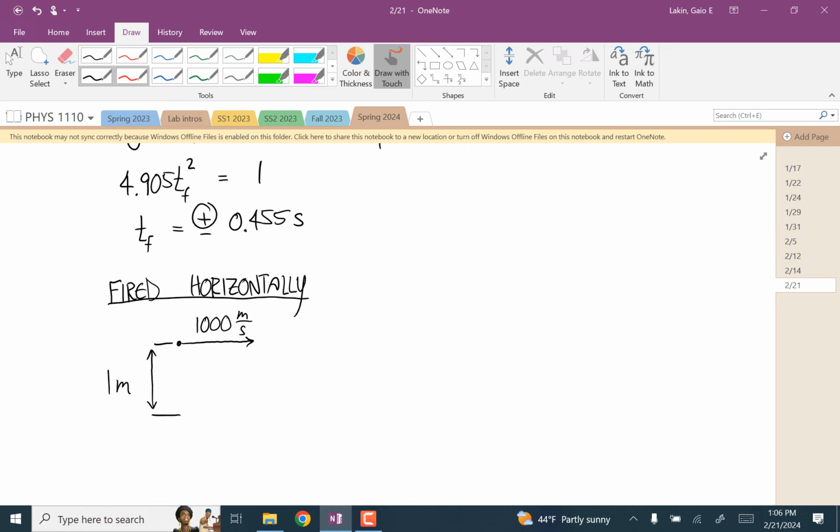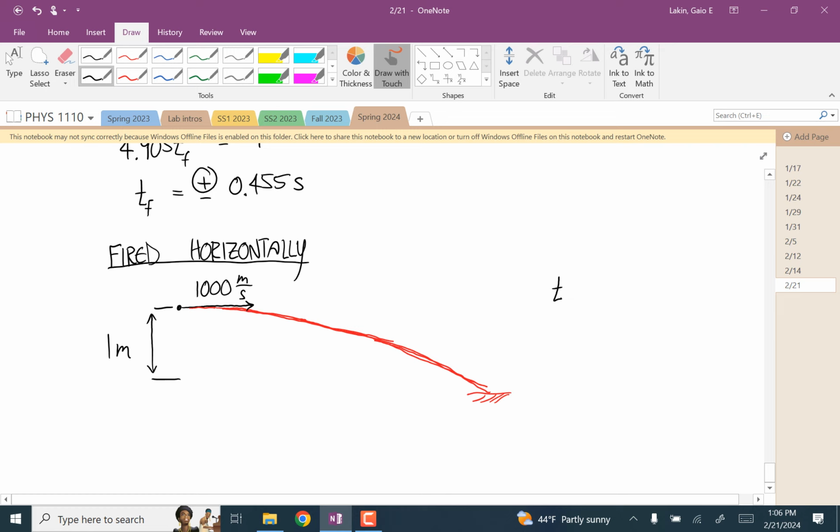It's going to follow a path that starts out like that and then is in this very flat parabola. I'm exaggerating it just so you can see that it's a parabola at all. And it's going to hit the ground somewhere over here. But we're just trying to figure out the elapsed time from when it's shot to when it hits the ground.